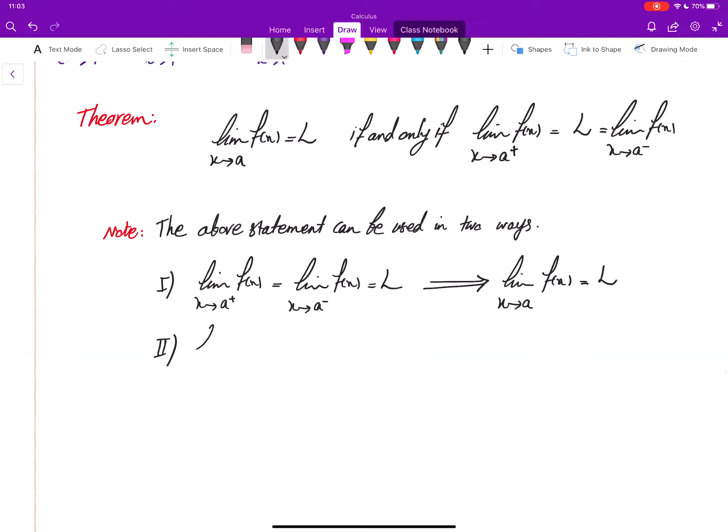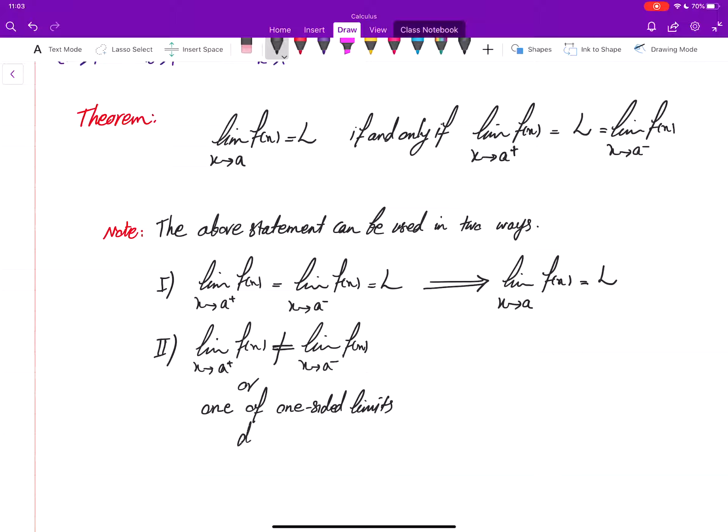The other way would be that if the right limit exists and the left limit exists, but they are not equal, or one of the one-sided limits does not exist, then you can conclude that the limit of f of x, the actual limit as x goes to a, does not exist.